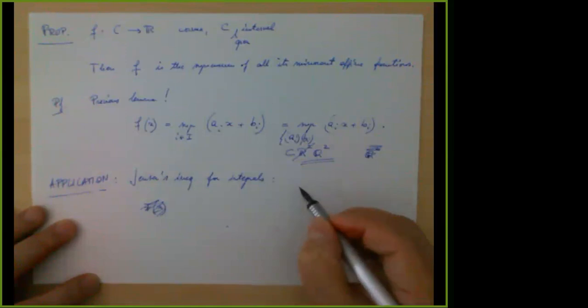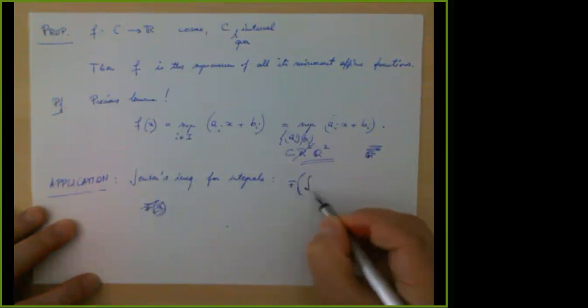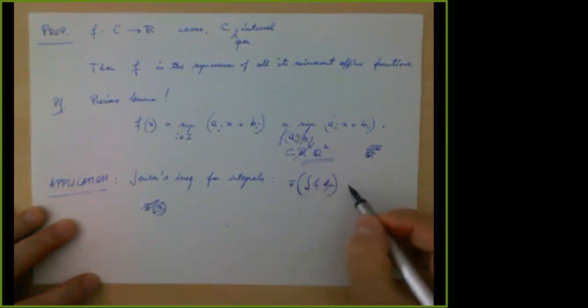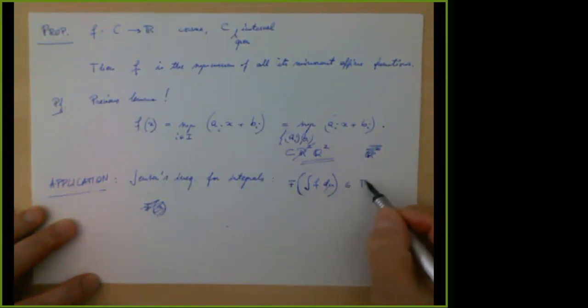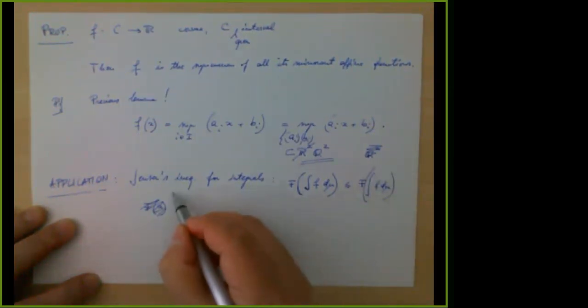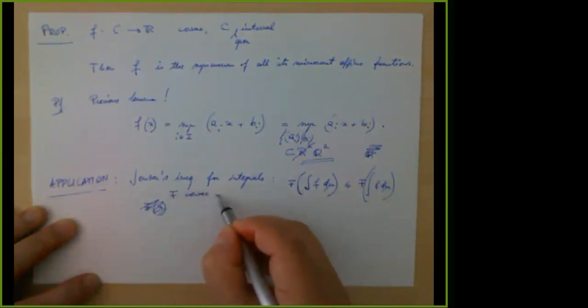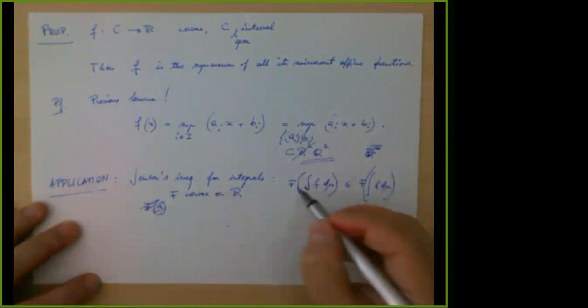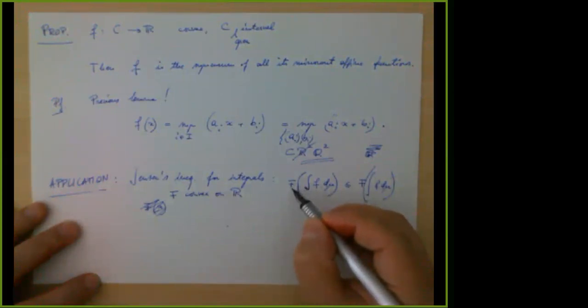I just stated it in a form which is somewhat inaccurate, only in the sense that I would need to make several assumptions that I'm not quite claiming. So f convex, let's say on R. Then of course, sorry, I wrote something that is entirely wrong here. So this is f of the integral.